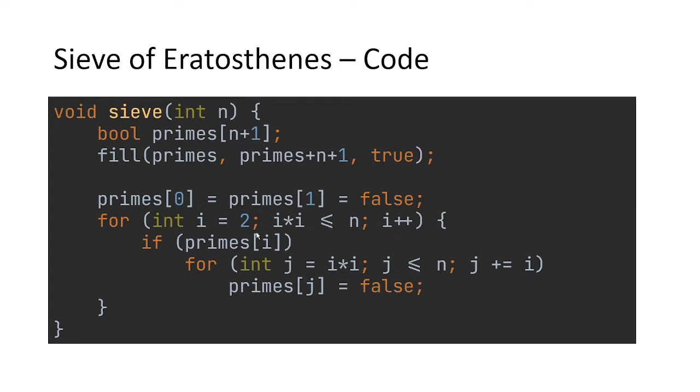Now, in this inner loop, what we do is we take all the multiples of 2. So j is initially i into i, and then j is equal to j plus i. So first 4, then 6. If the range is big, 4, 6, 8, all the multiples of 2 will be marked as false because they are composite, right?